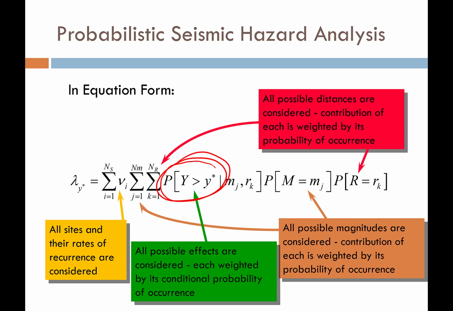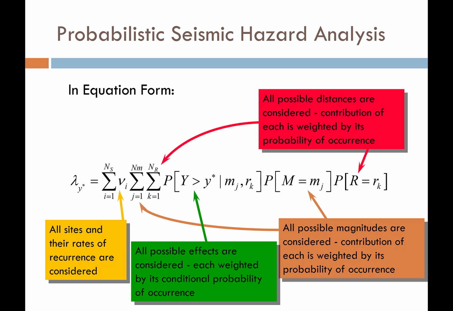And so if we just step back and look at the beauty that lays before you here, what you have in this mathematical smorgasbord of a dessert is we are iterating through every single seismic source. For each of those sources, we're iterating through every possible magnitude that that source might experience.